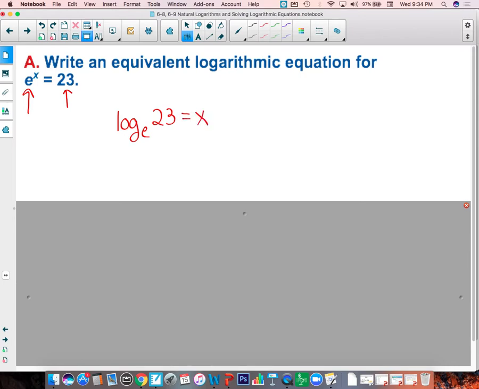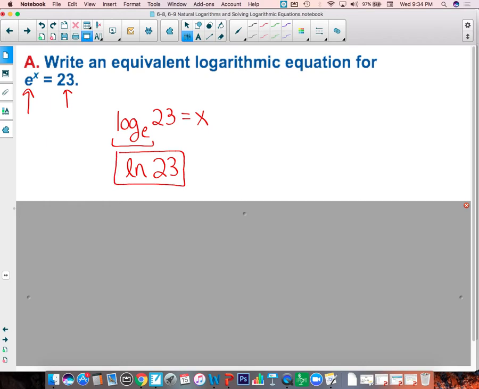Log base e, I really don't have on my calculator, but I do have that natural log, which is the same thing. So log base e changes into natural log of 23. That's all you have to do.